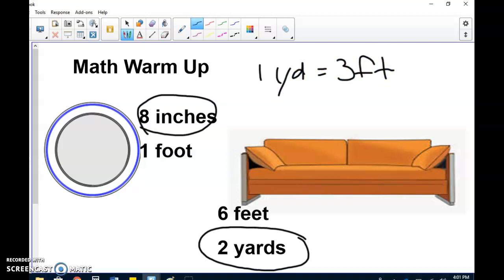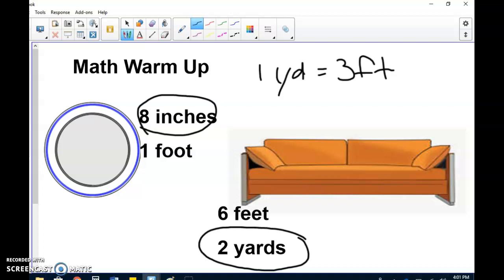So it's a lot easier to measure the length of my couch with a yardstick because a yardstick is about 3 feet long, as opposed to having to use the ruler 6 times to measure the length of the couch. If your unit of measurement is inches, you will use more inches because it's a smaller unit of measurement.